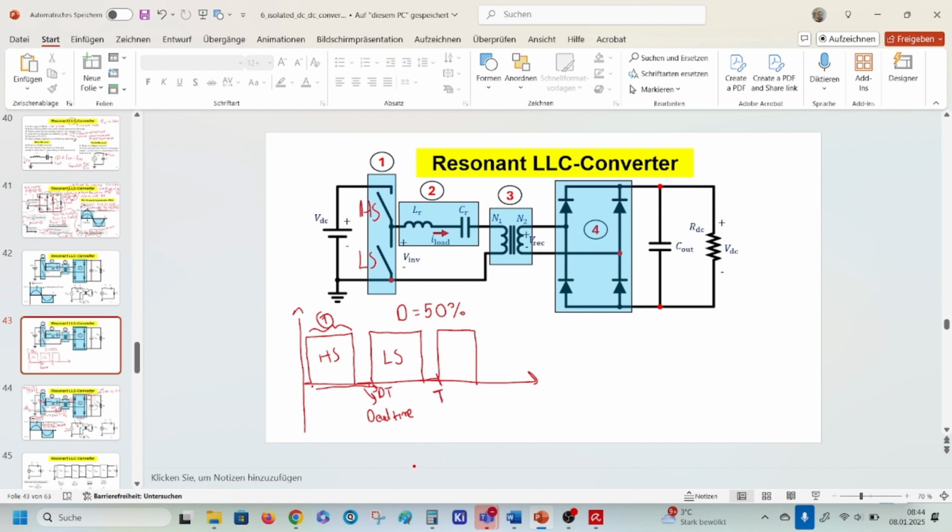And I turn it off during the second phase.